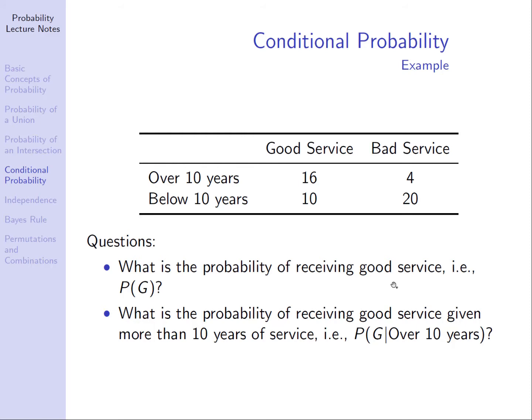And then we are going to answer the question, what is the probability of receiving good service given more than 10 years of experience? Now, let us consider the problem with the plumber. We said that there are 50 plumbers in town and that some of them are providing good service, some of them are providing bad service, and that some of them are in business for more than 10 years and some are in business for less than 10 years.